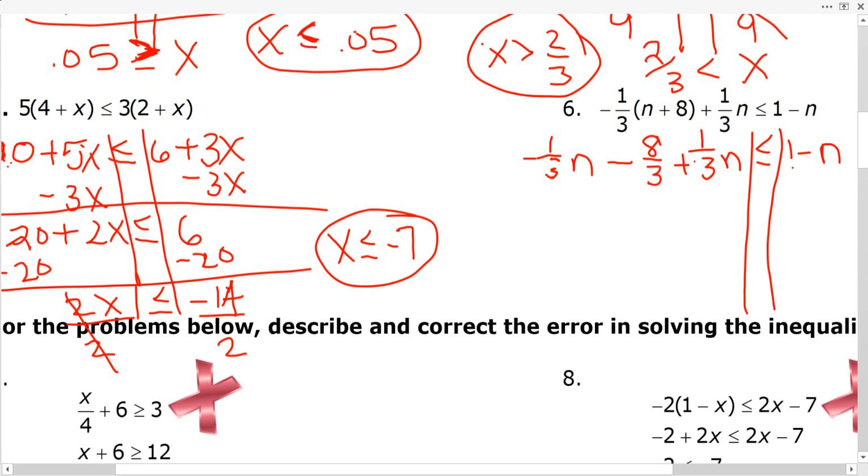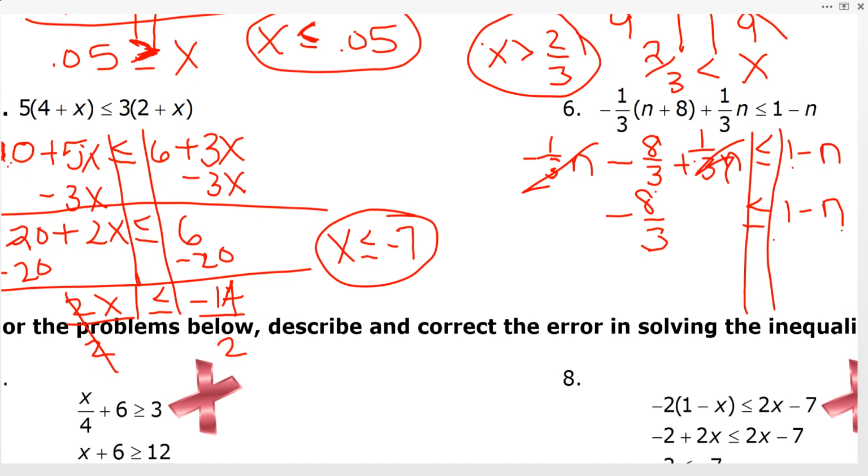So I have negative 1/3 n and plus 1/3 n, so these guys cancel out. And I have negative 8/3 is less than or equal to 1 minus n. I'm going to subtract 1 from both sides.